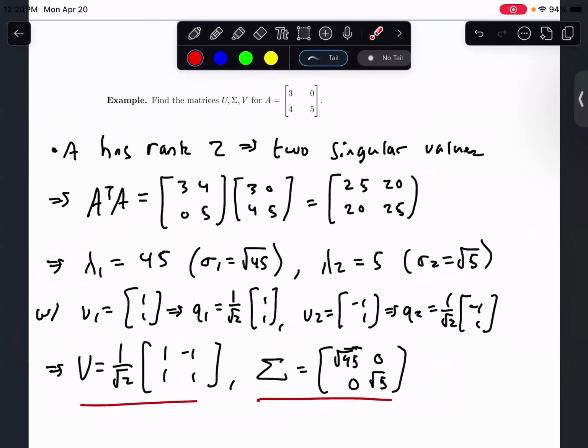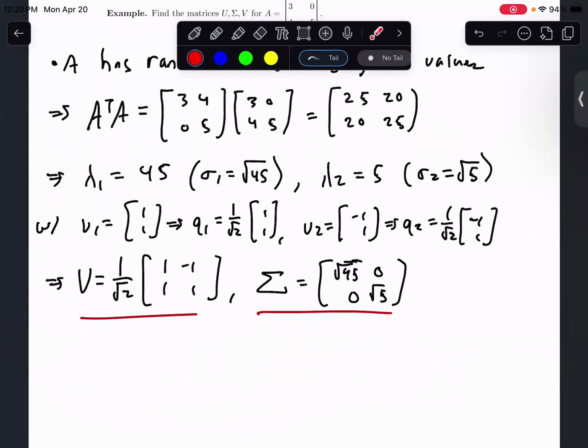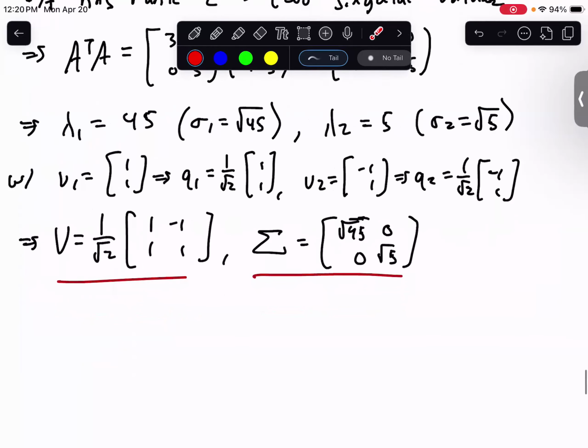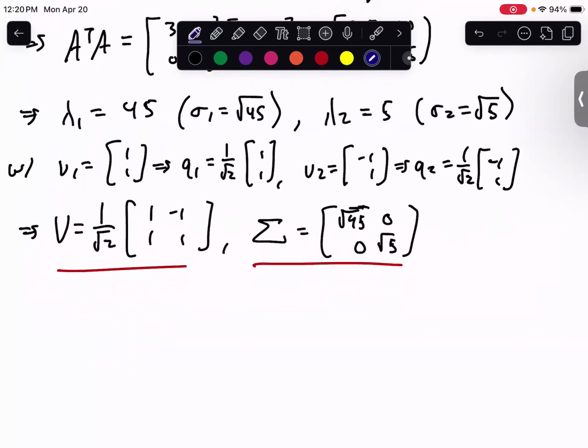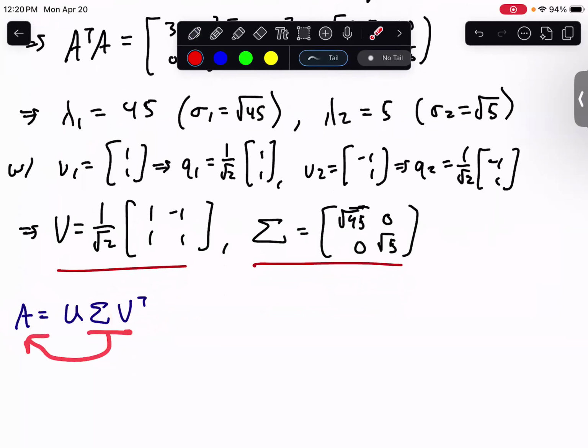Once you have V and sigma, it's not so bad to determine what U is going to be equal to. The singular value decomposition guarantees that A is equal to U times sigma times V transpose. We know what A is, we know what sigma is, we know what V is. So you can move these terms over to the left-hand side and then solve for U through matrix multiplication.